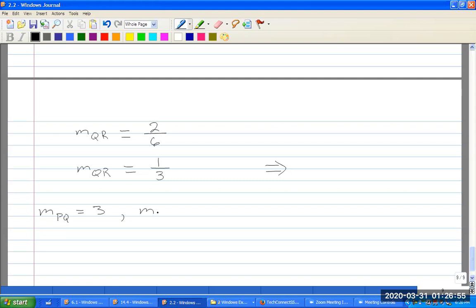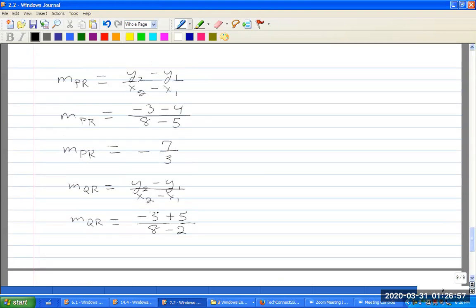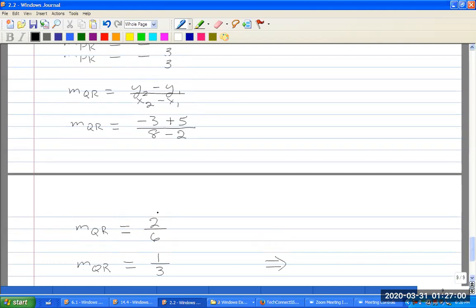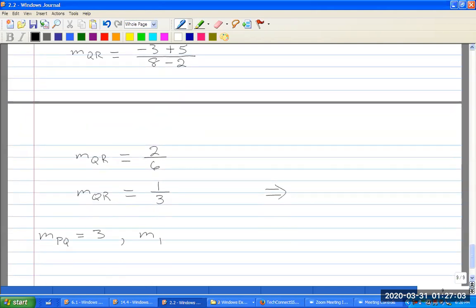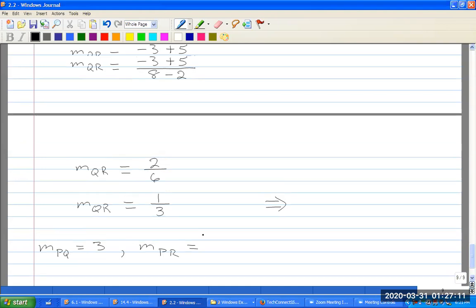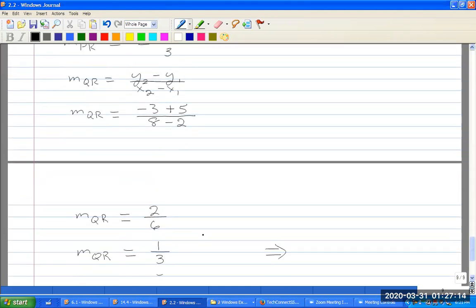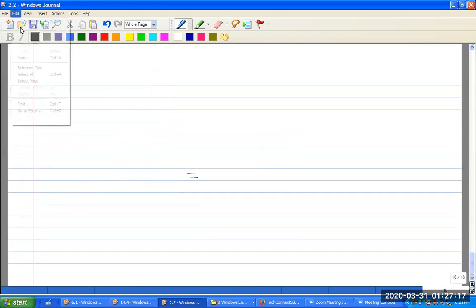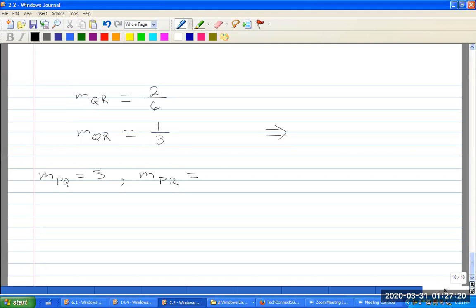The slope of the line through P and R was negative 7/3. And the slope of the line through Q and R is 1/3.